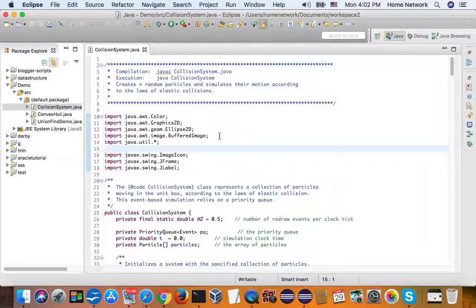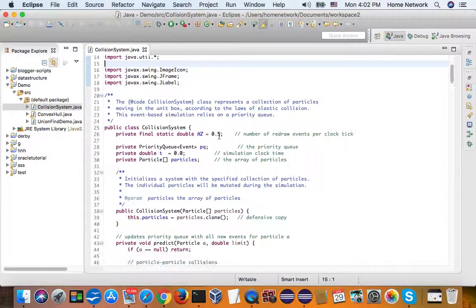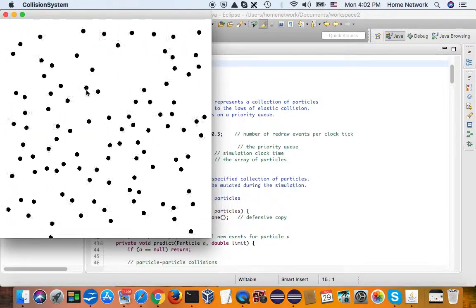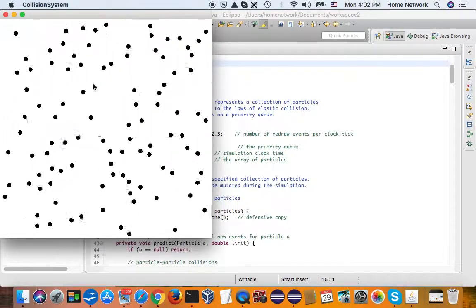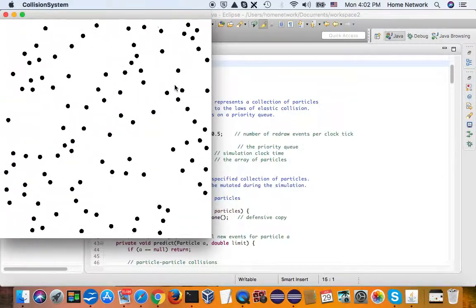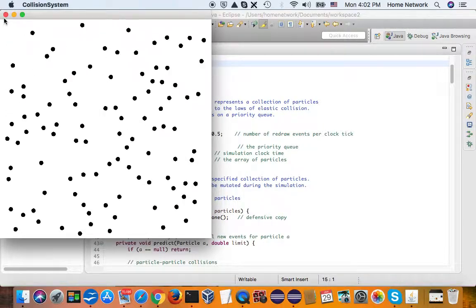The interesting part. Okay, so in order to simulate a collision system, where we have many particles that collide with each other, we only calculate and redraw the stage when a collision happens.